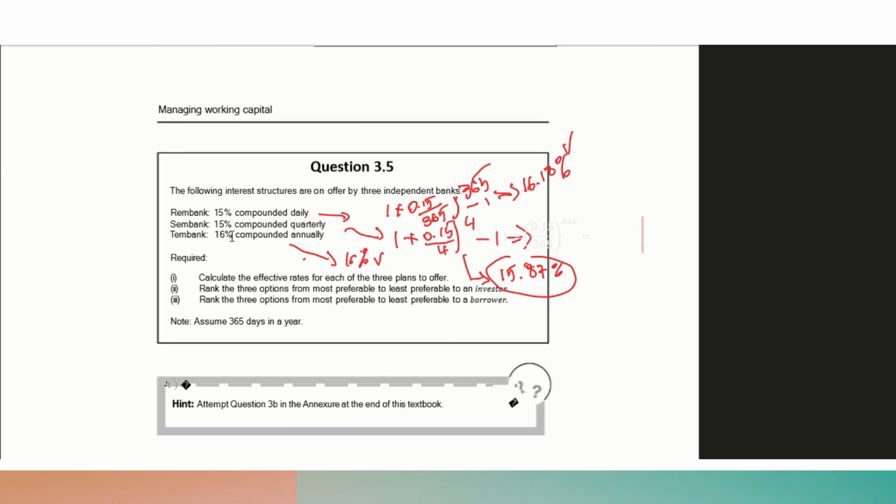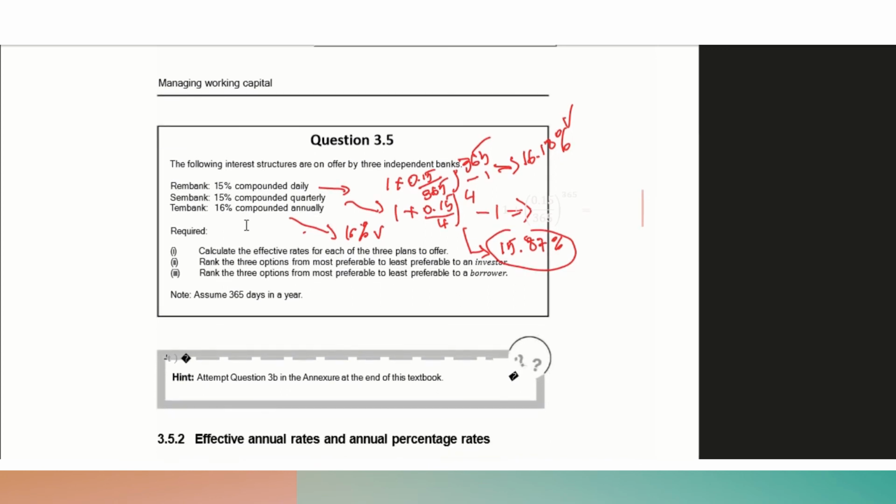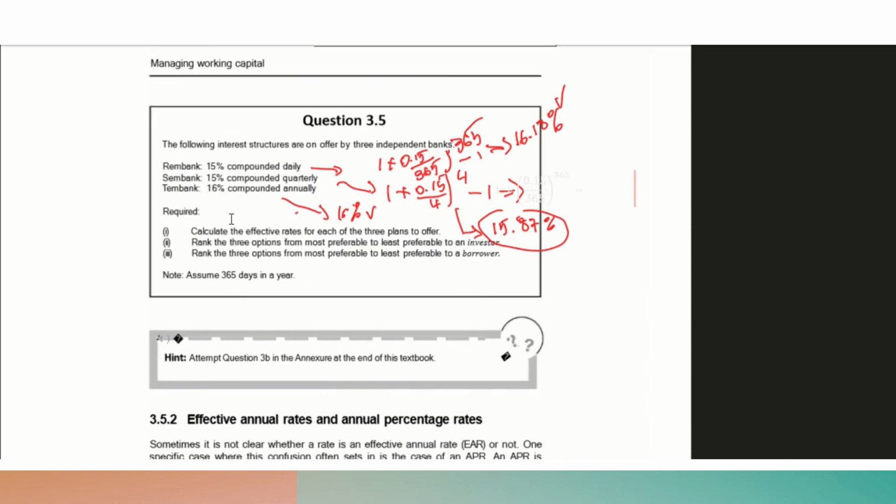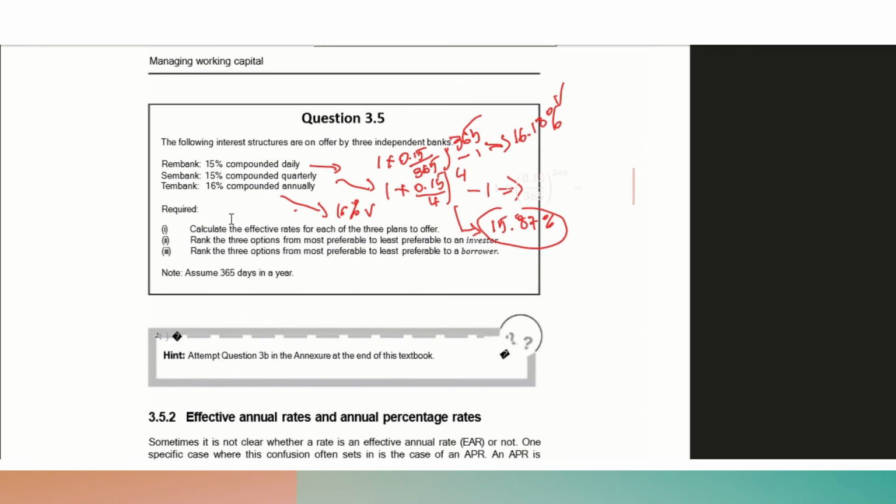For the second bank, the compounding is quarterly, and then for the third bank, the compounding is annually. And if the compounding is annually, meaning that there is no change, the effective rate is exactly the same as the nominal rate because it is compounded annually. So 16% will also be the effective annual rate. But what you need to do is to practice this.